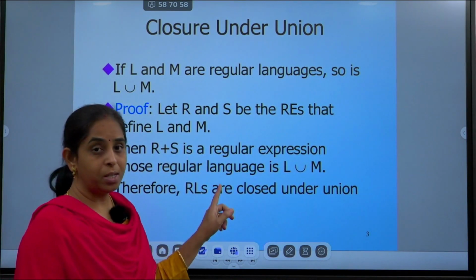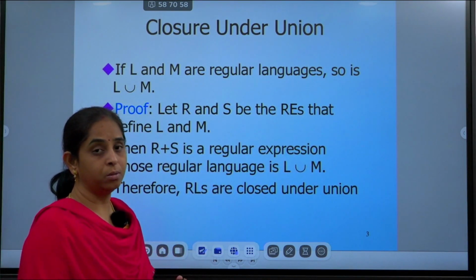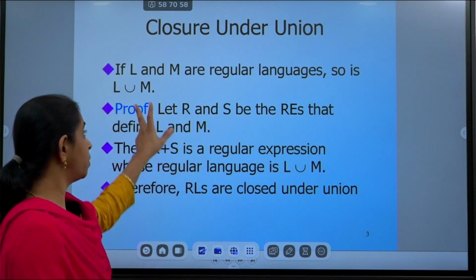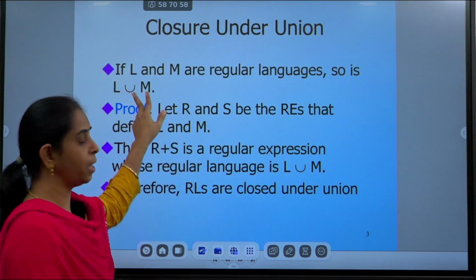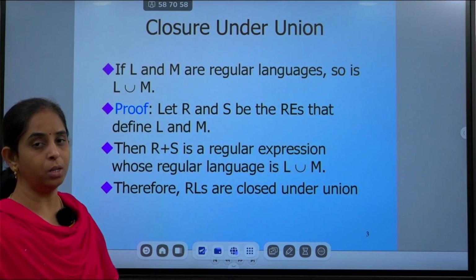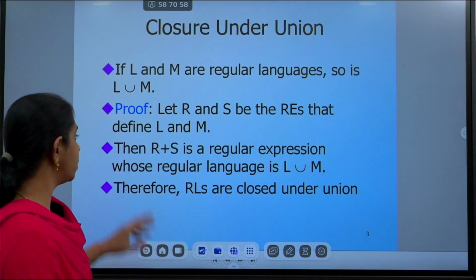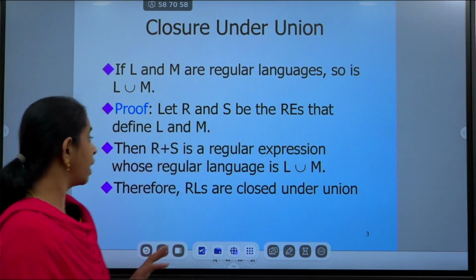Regular languages have the closure property of union, that is L union M. When we apply the union operation to the regular languages L and M, L union M is also a regular language.